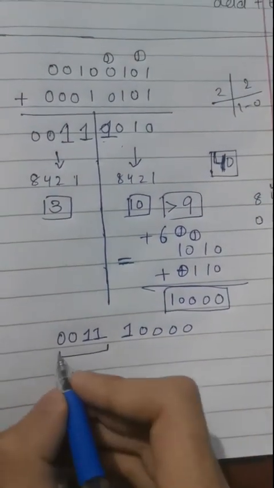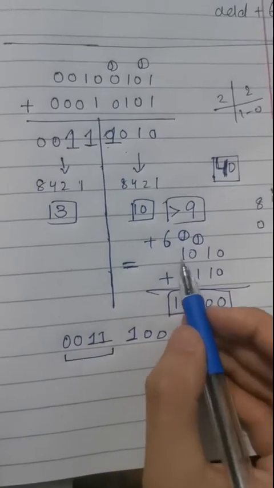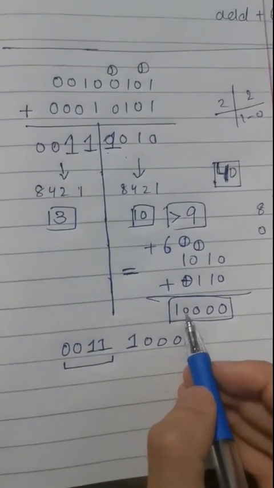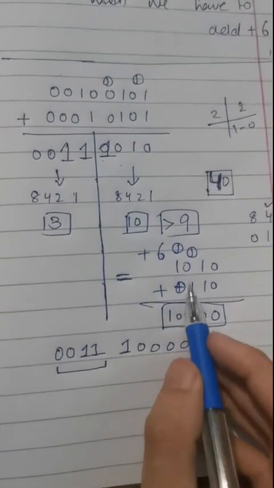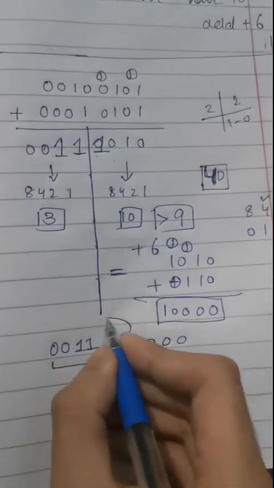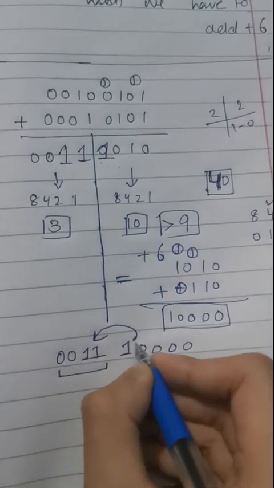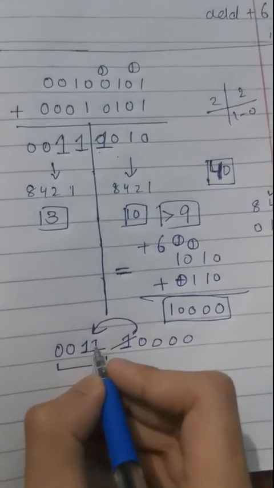So the carry that was generated here, 1 plus 1 gives us 10 here. The carry 1 is deleted from here and is transferred to the next term.